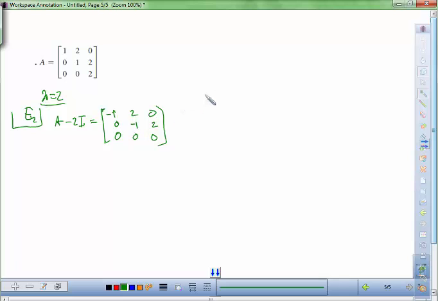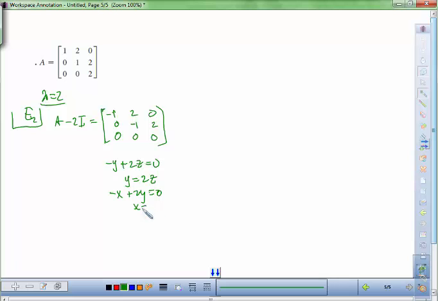xyz. It's 3 dimensions, so let's use xyz. So it looks like minus y plus 2z is equal to 0, and z is going to be our free variable. Y is equal to 2z, z. And then for the first one, we have minus x plus 2y is equal to 0.